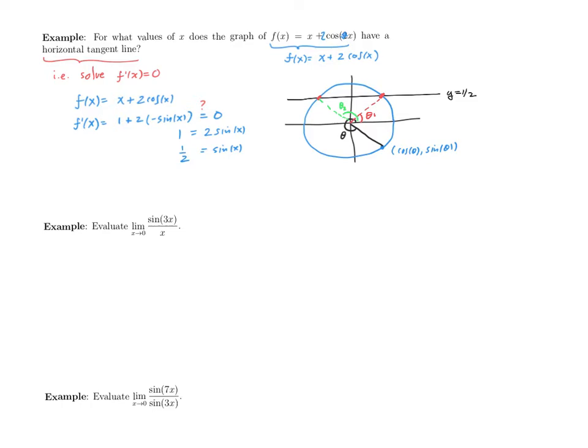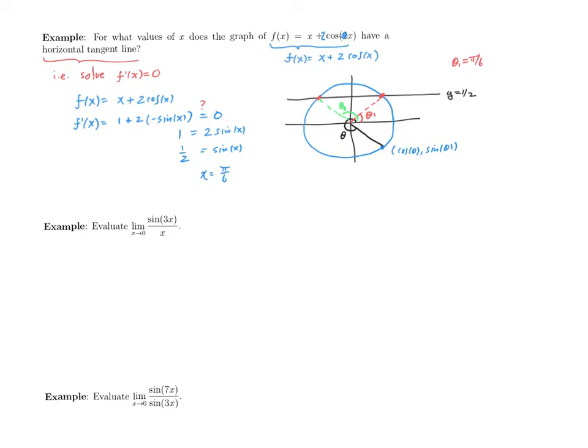Note there's a common value where sine is equal to 1/2. That happens at pi over 6. My picture's not precisely to scale, but hopefully it gives you the general idea. So the first value would be pi over 6, which corresponds to theta 1.